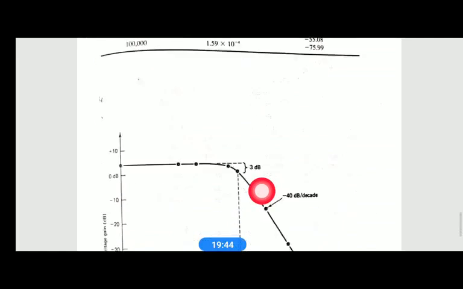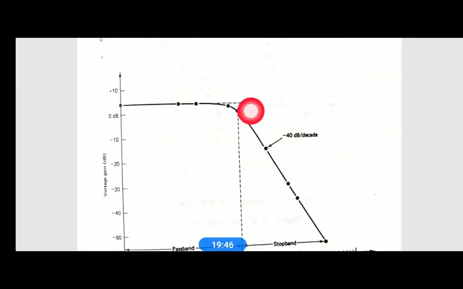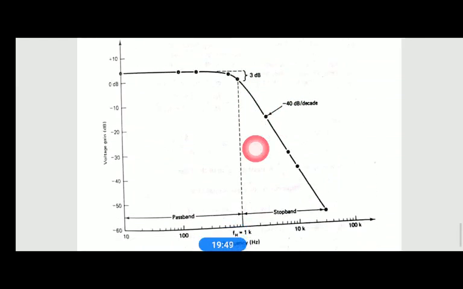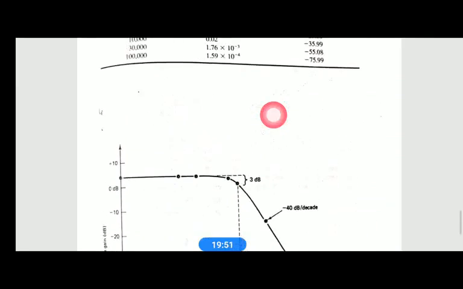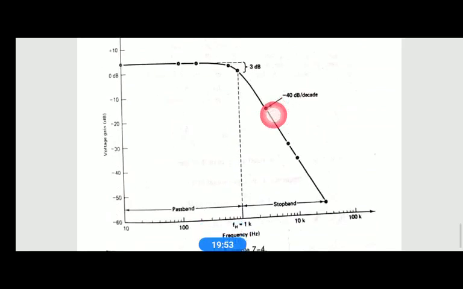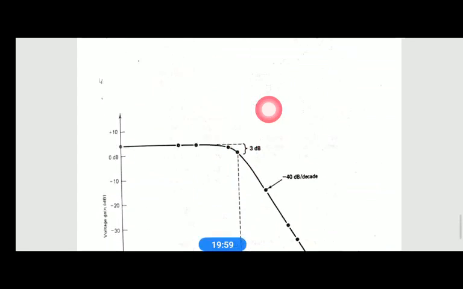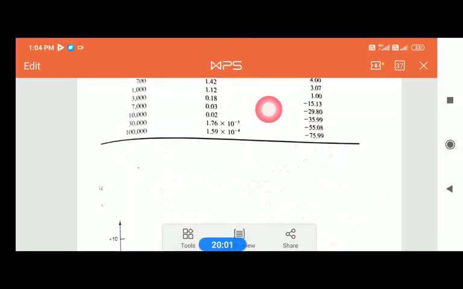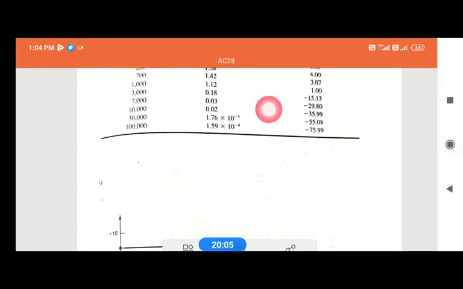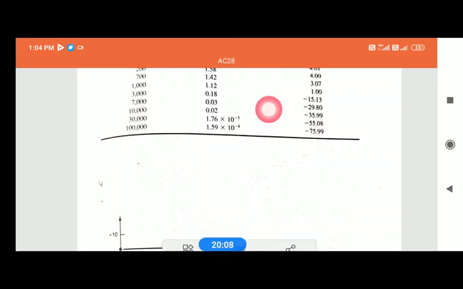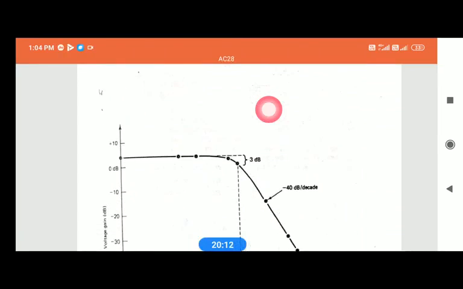Further, from fH to 3000, the decrease in gain is minus 15 dB.